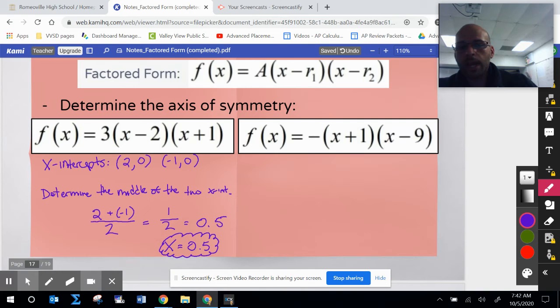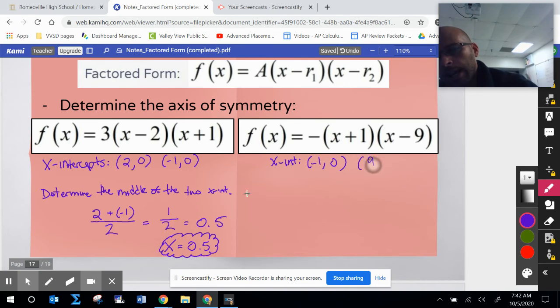So let's do it one more time just to make sure that you follow. So my x-intercepts are at -1, 0, and 9, 0, because again, those were the opposite of what's in there. Now we want to find the middle for the axis of symmetry, so I'm going to take the first x-intercept plus the last x-intercept and divide by 2.